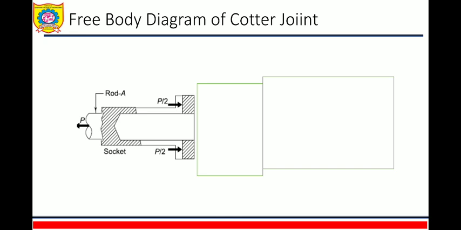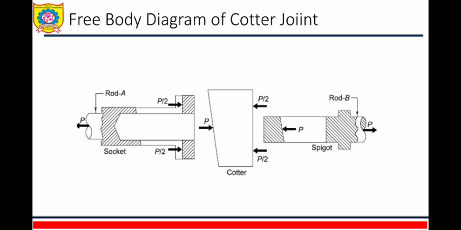There is first part socket, second part cotter, and third part will be your rod, that is the spigot. You can see rod A and socket are an integral part, they are made as one part, not different parts. Similarly, this rod and spigot are an integral part, these two are not different parts, and when these two are inserted through the slot, they can be drawn.